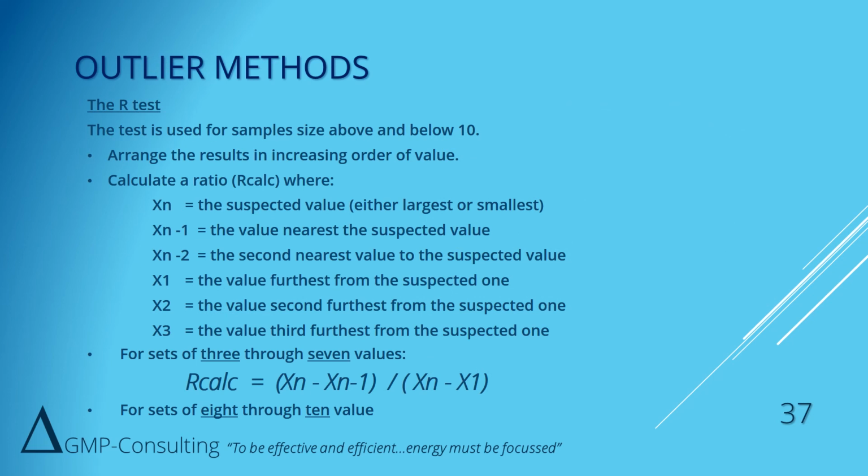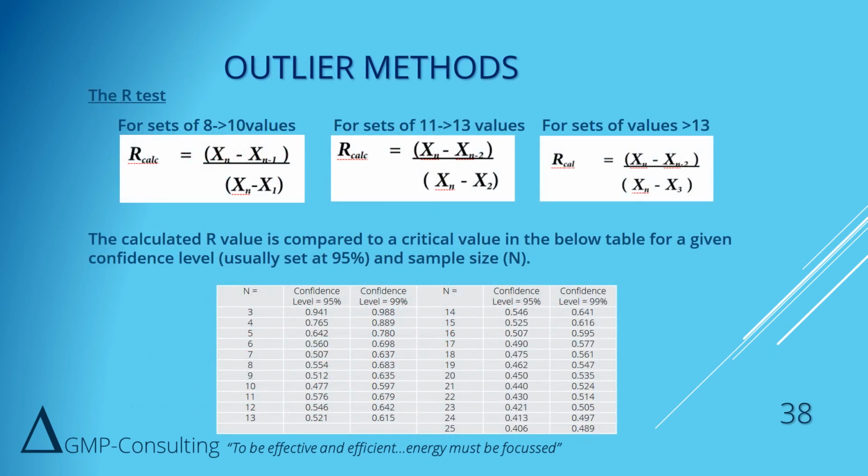The R test, or the Dixon's test, is used more often, and it can be used for different sample sizes, so the table varies slightly as the sample size increases. Using the Dixon's test, you can see here for different sample sizes the equation changes slightly depending on what range or what difference you're trying to work out, but the use of the table is exactly the same.